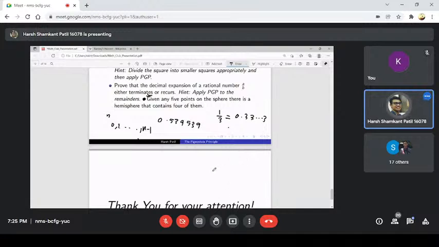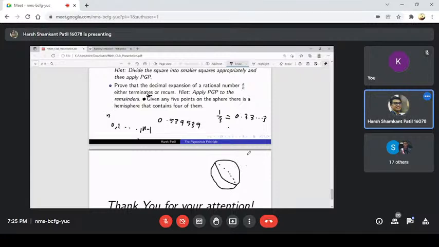It can be anything, say a hemisphere which is sort of tilted like this. But there will always be some hemisphere that contains four out of these 5 points.